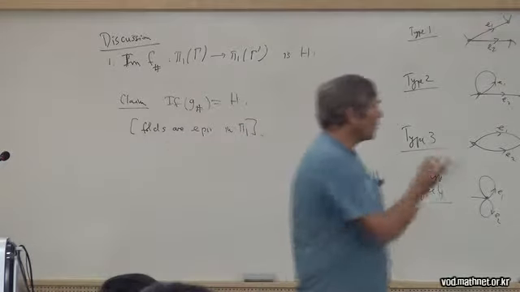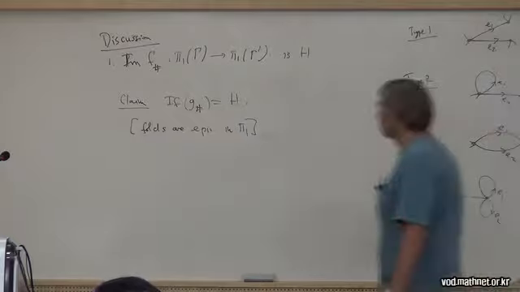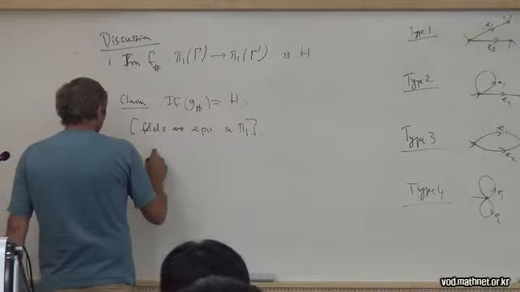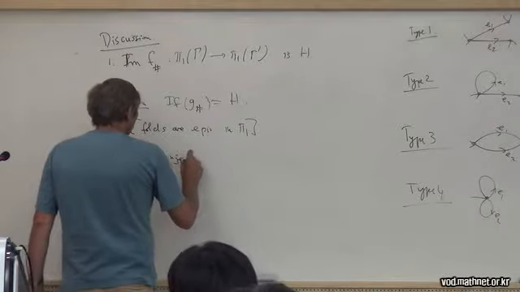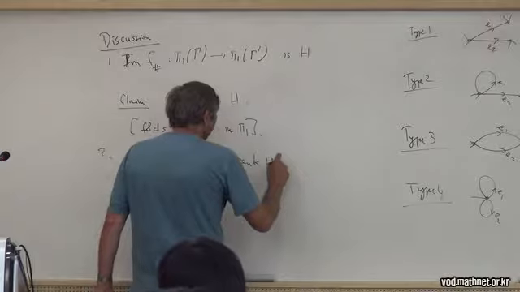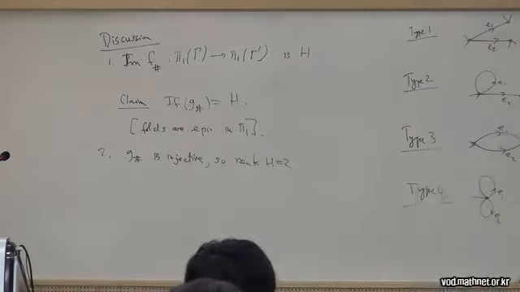But the last one is an immersion, so it's injective. So this G sharp is injective, so we see that the rank of H is 2. So we read off. And not only that, but we can read off a basis. Well, how would we come up with a basis here?